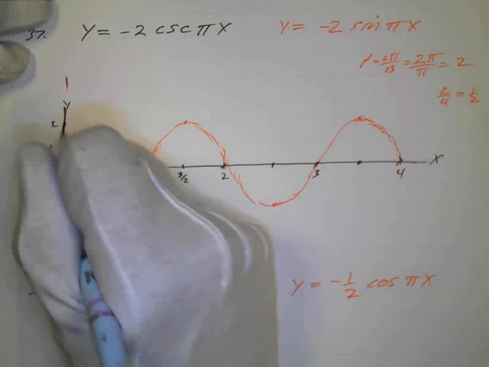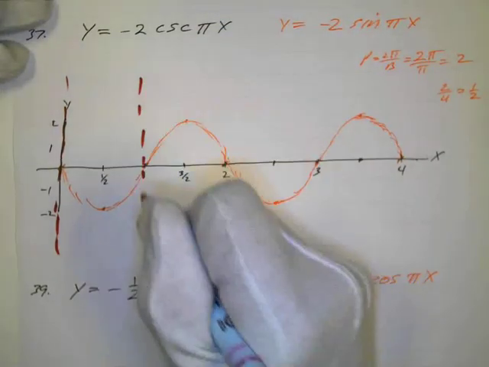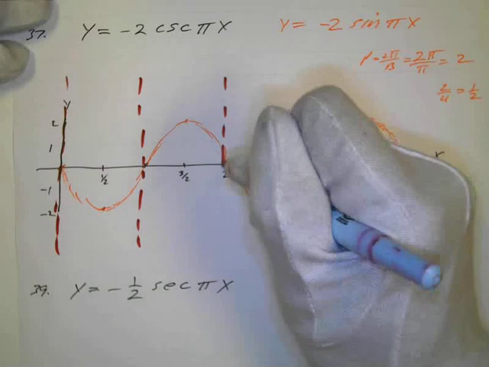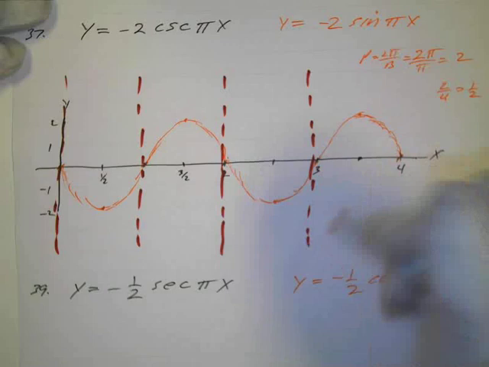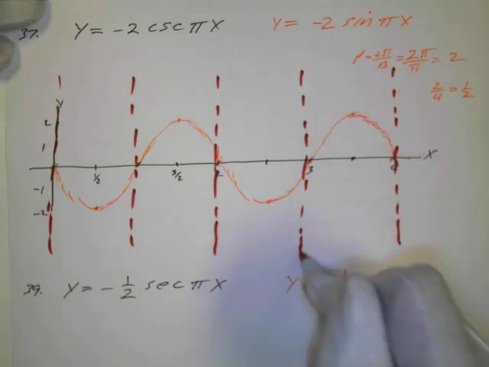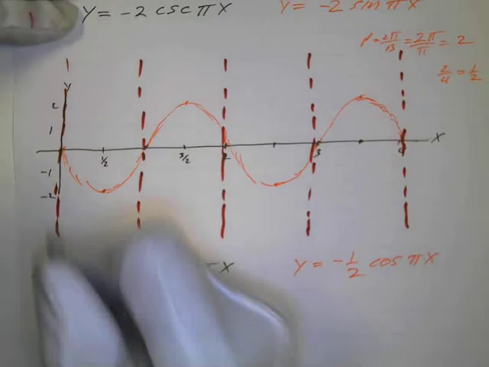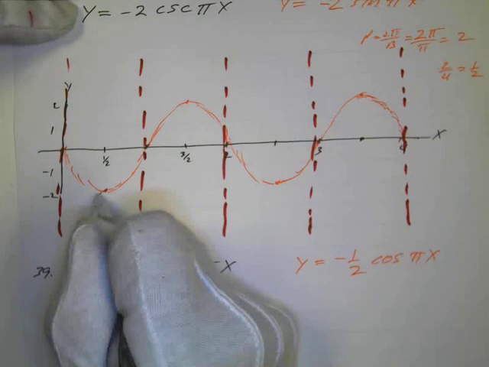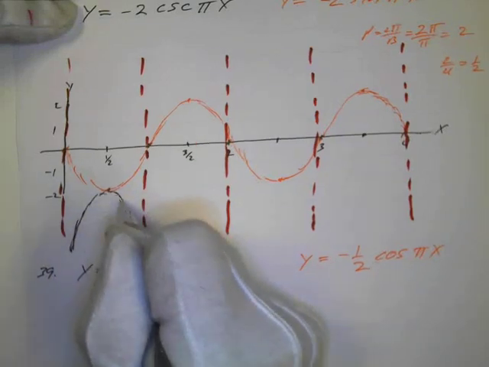Remember, every time there's a 0, I have an asymptote because 1 over 0 is undefined. So every time I see a 0, I'll put the asymptotes in. There you go. Okay. So now we can put our function in, and that's going to go like this. This will be our cosecant.